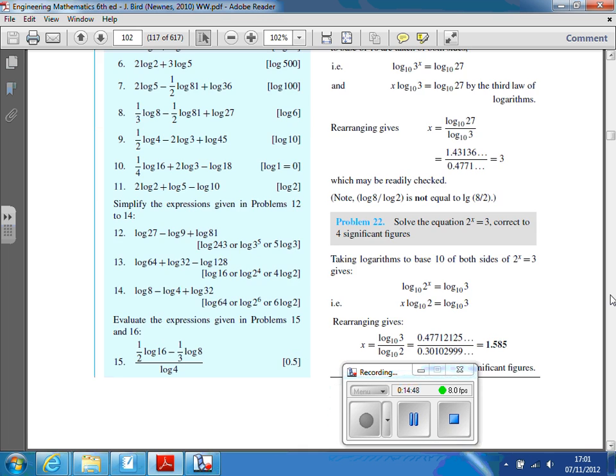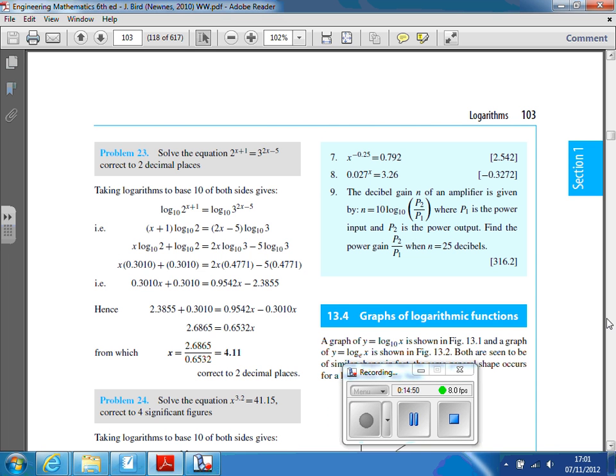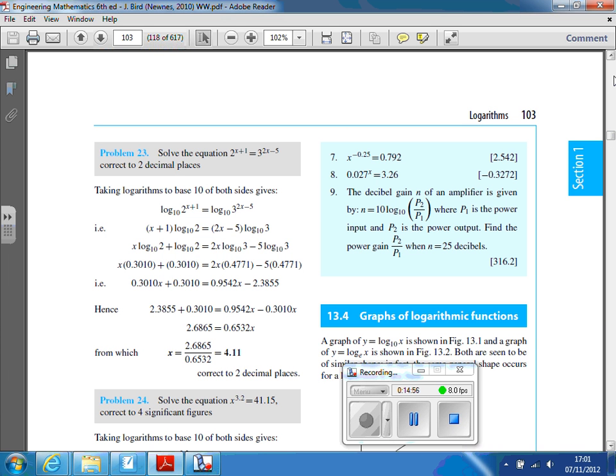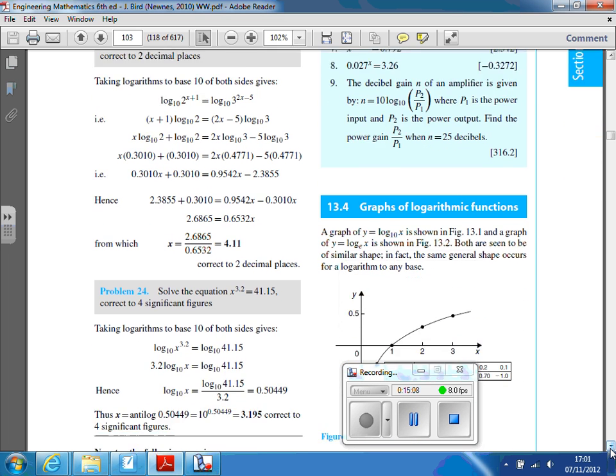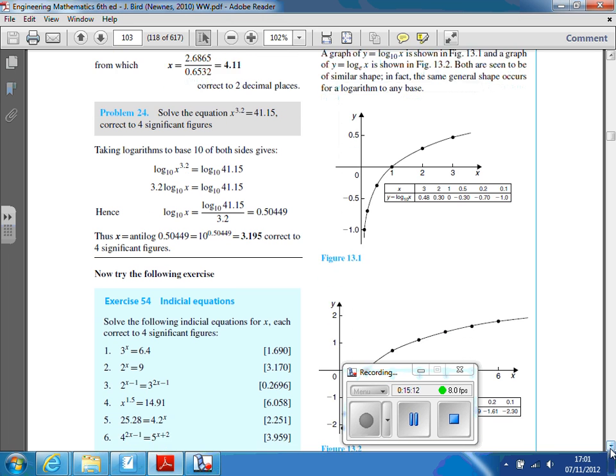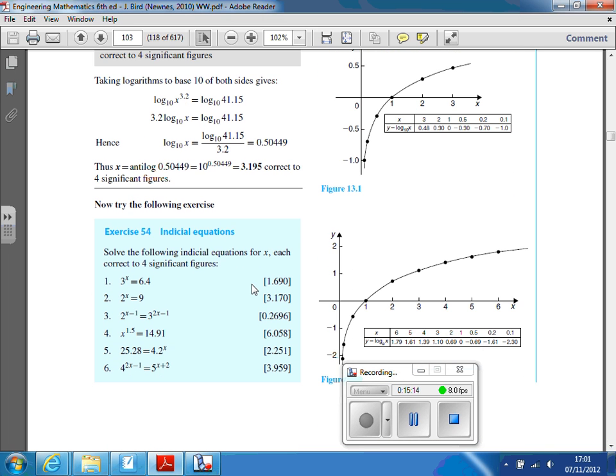What I wanted to do is to move to the section on indices equations, which is on page 103. And you'll see on there the problems that we've just been looking at, problem 23, so we agree 4.1 to two significant figures. There's another work problem that you could look at on page 403, and then exercise 54.